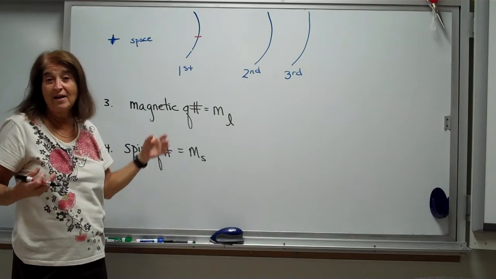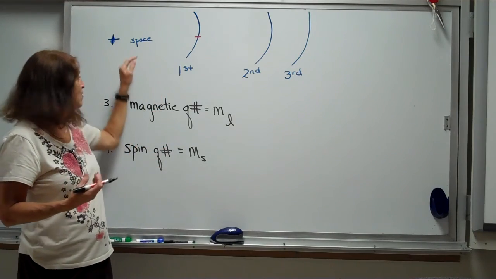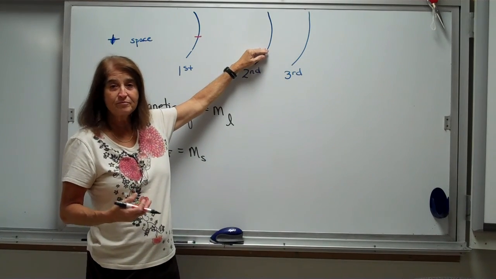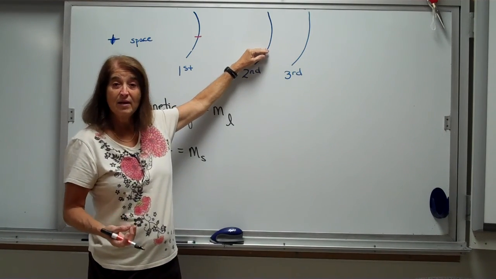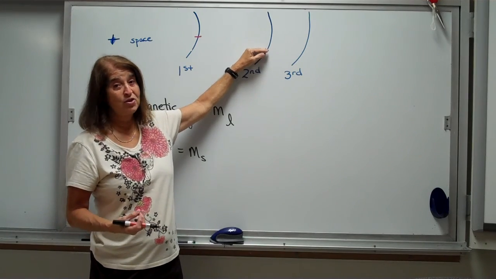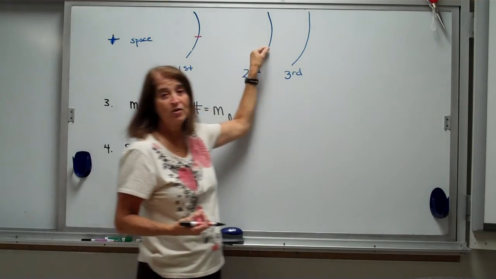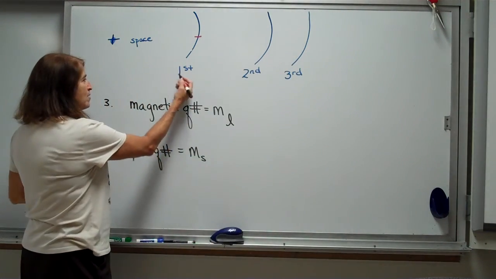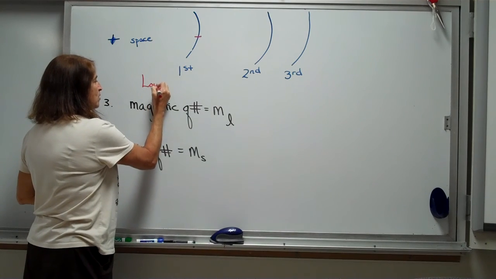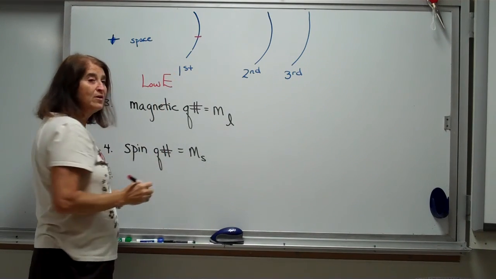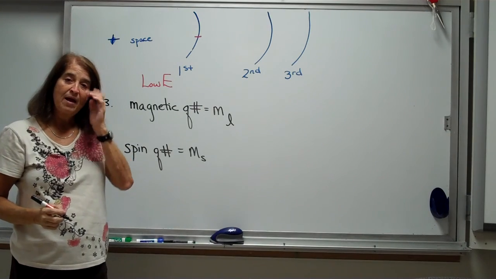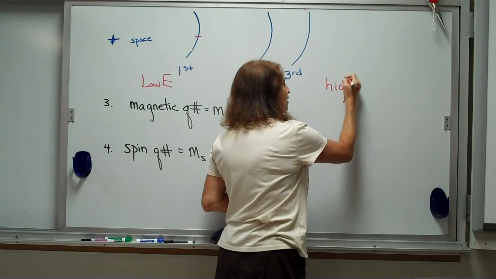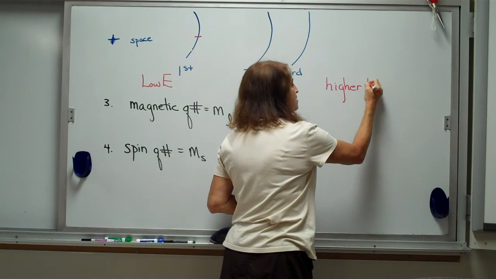But if we had an electron with more energy, that electron could pull farther and farther away from the nucleus. It might even be possible, if an electron had enough energy associated with it, that it could leave the atom completely. So those electrons closest to the nucleus have the low amount of energy associated with them. And those electrons farther away from the nucleus will have a higher amount of energy associated with them.